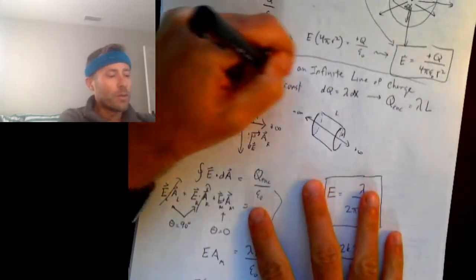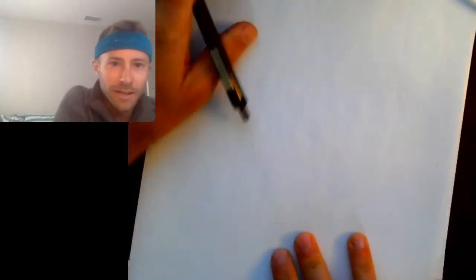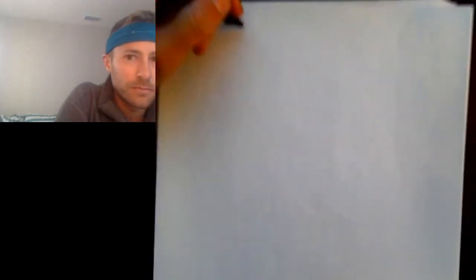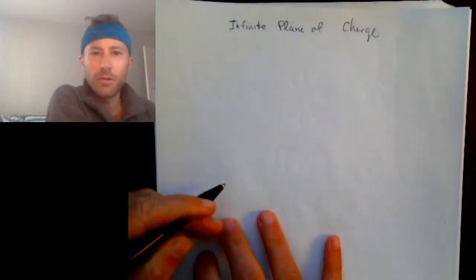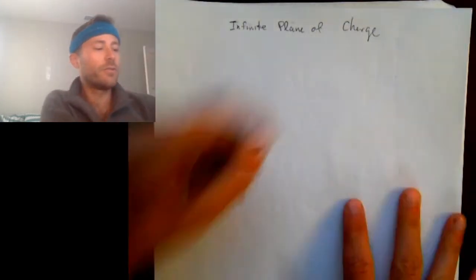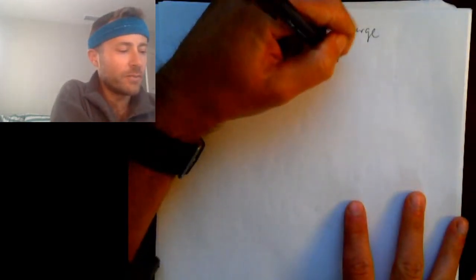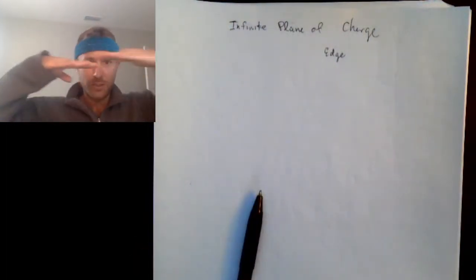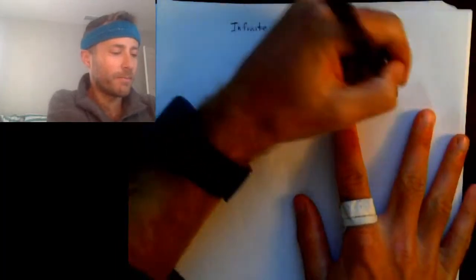We're going to do one more example, which is an infinite plane of charge. Okay, so if I were to look at an infinite plane of charge from an edge-on view, if you have a plane, it's like a sheet of paper, you're looking at it edge-on, all you're seeing is the edge of the piece of paper.